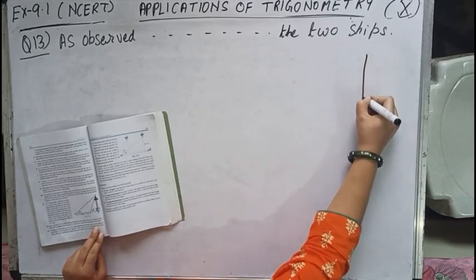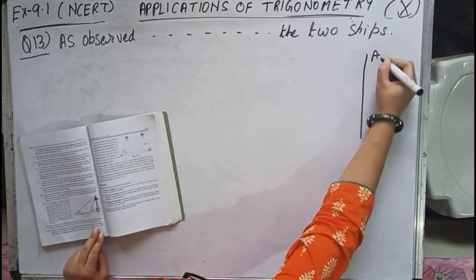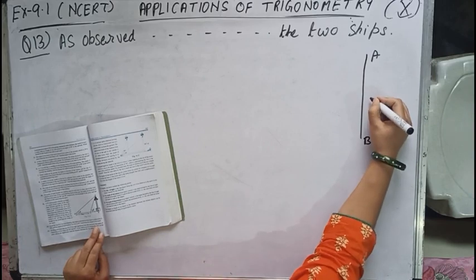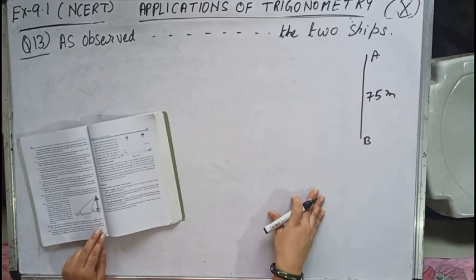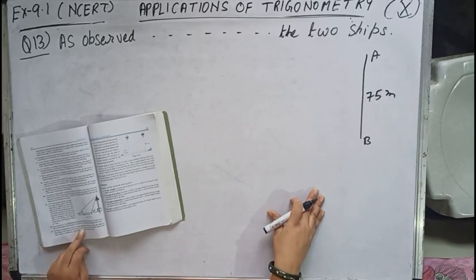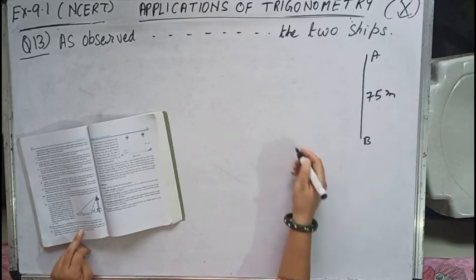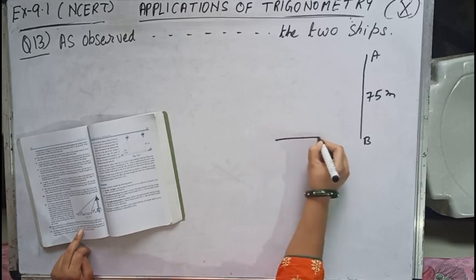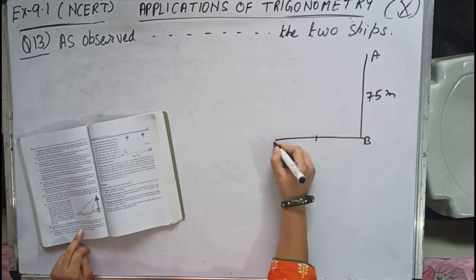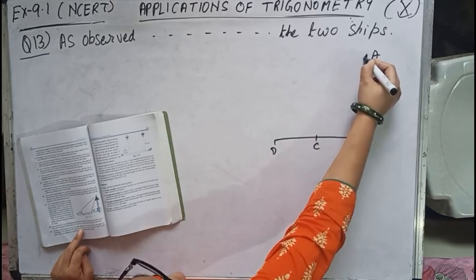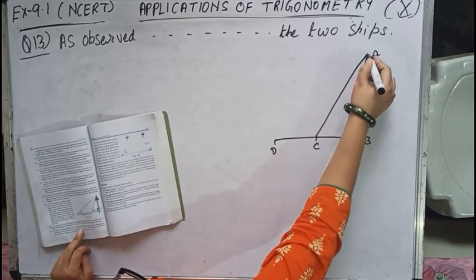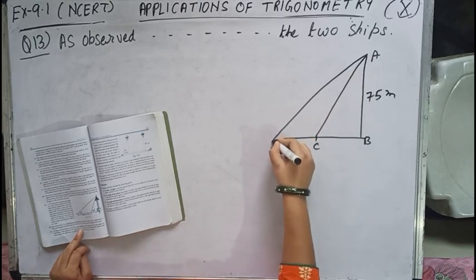So lighthouse is there, let us name it AB, and the height of the lighthouse is 75 meter. From the sea level, the angle of depression of the two ships are 30 degree and 45 degree. So two ships are there. Let us suppose the position of the two ships are at the position C and D, and the angle of depression is 30 and 45 degree.